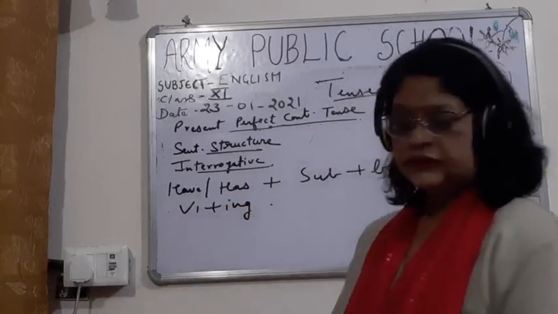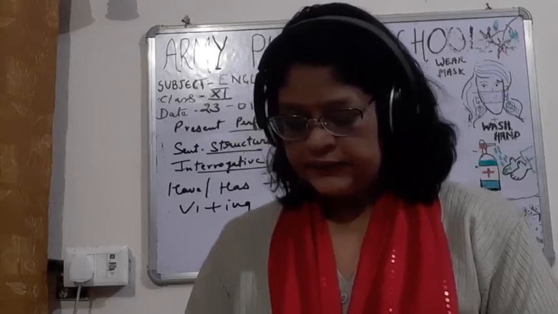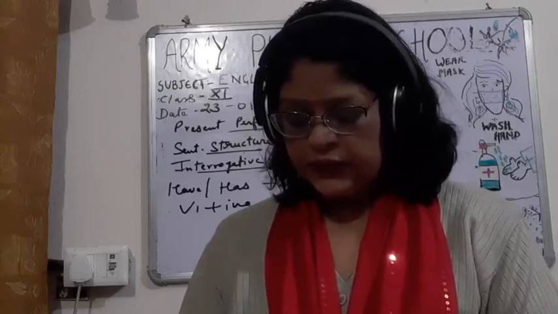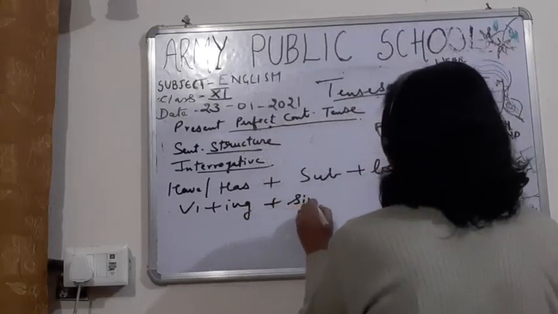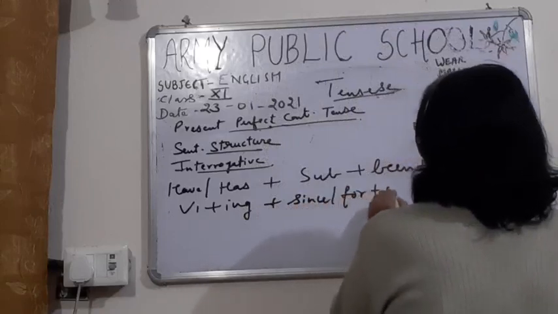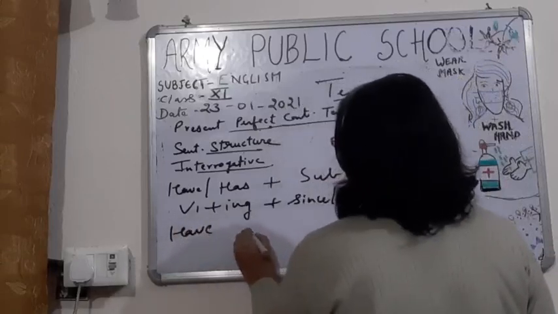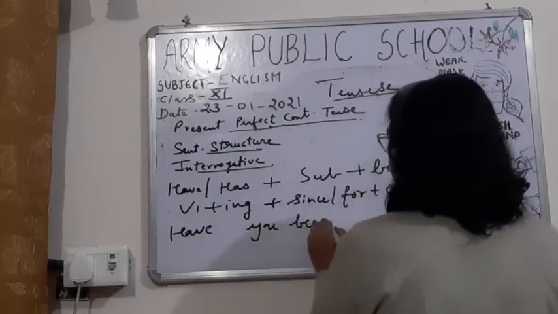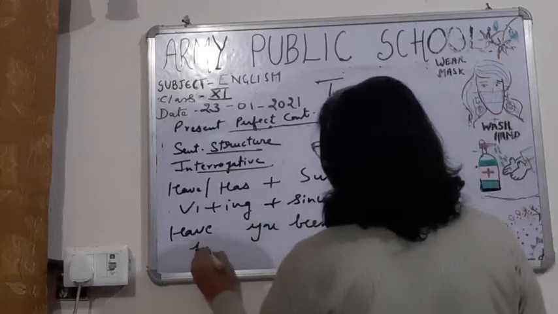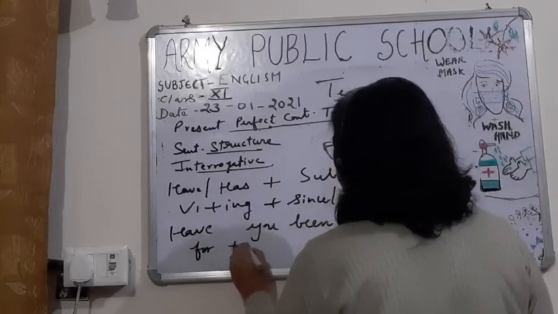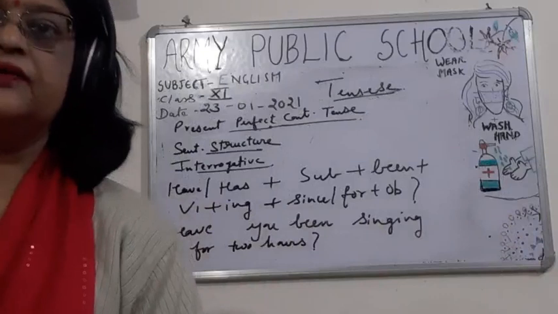Have or has plus subject plus been plus ing. And then since and for. If object is there, so: Have you been singing for 2 hours? Okay, some other example we can give.